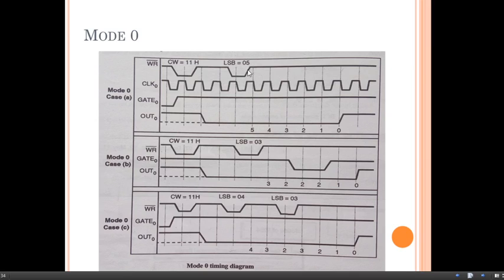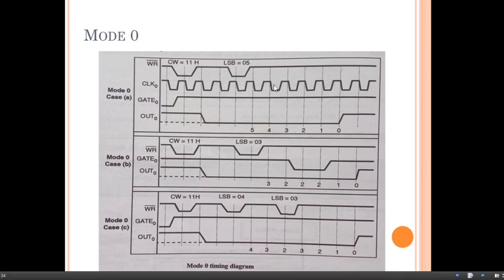So at the next negative going pulse of this clock cycle, our counter is loaded with this 05H, and now our counter will start counting, means now our counter will decrement from the given value till 0.